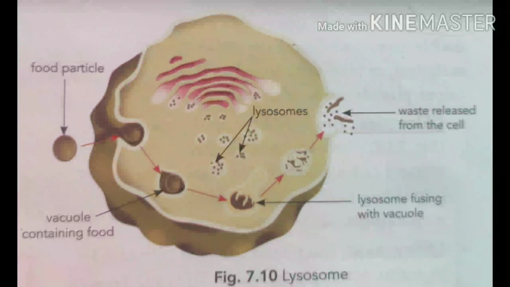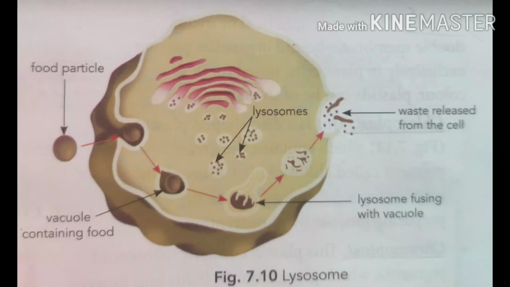Lysosomes can also digest whole damaged cells, leading to total cell destruction. Therefore, they are called the suicide bags of the cell. They digest the damaged cells which are not wanted. They are produced from Golgi bodies.